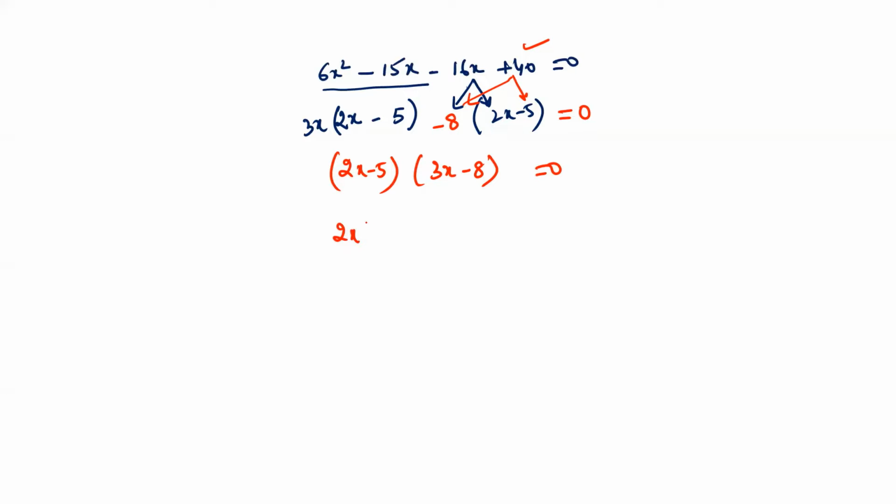Yes, then so solving for x now, applying zero product rule. 2x minus 5 is equal to 0 or 3x minus 8 equal to 0. So we get two linear equations to solve.